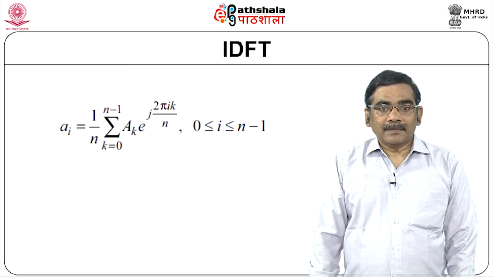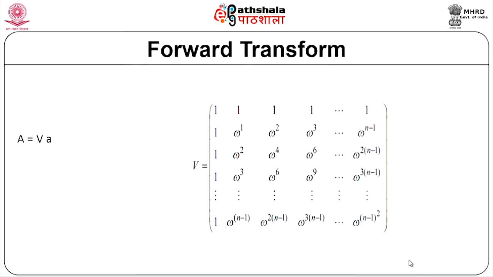Now, we can easily convert this into the form of matrix operations. The forward transform can be represented as A equal to V a, where a is in one representation, the coefficient form, and V is the matrix that represents the kernel.